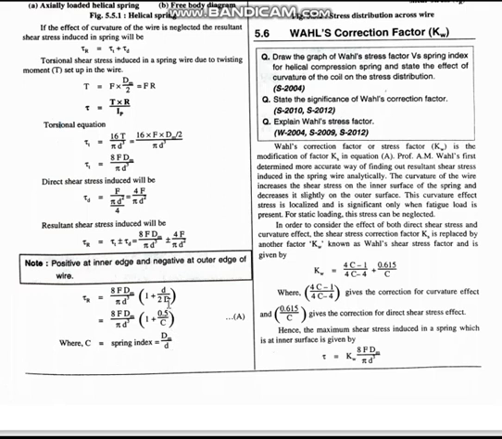If you replace that by C, and half by 0.5, you will get this equation. So resultant stress is equal to 8F dm upon pi small d cube, bracket 1 plus 0.5 by C. This is one equation you are getting.